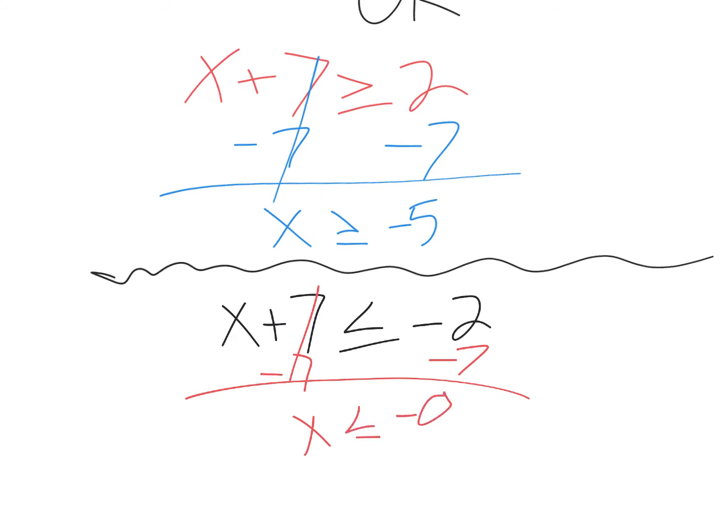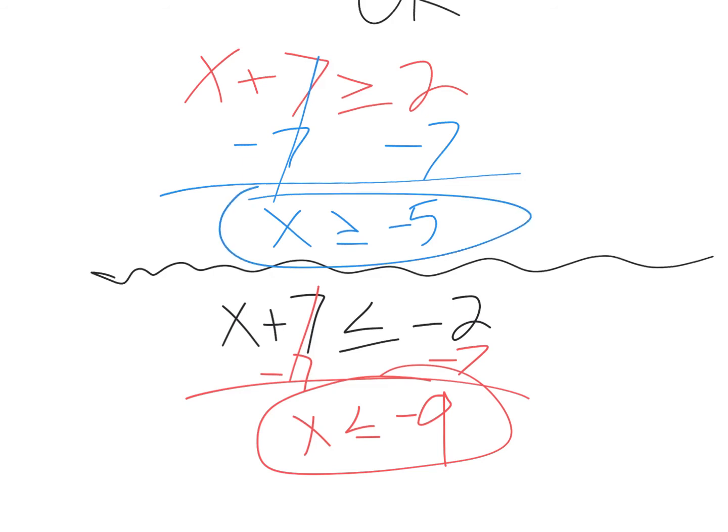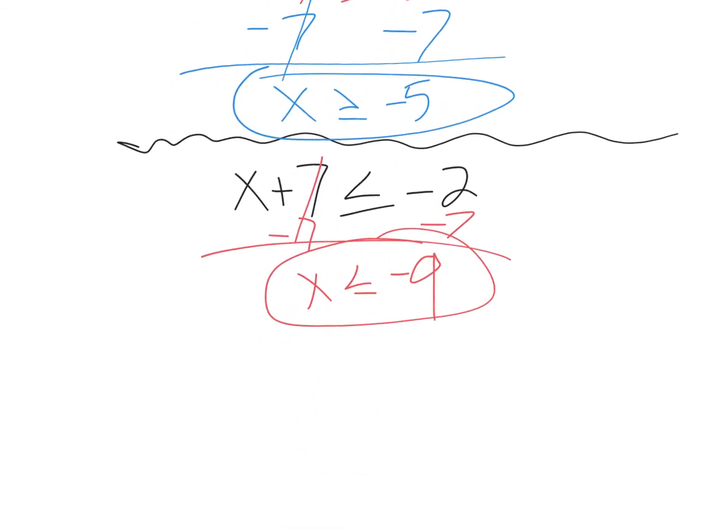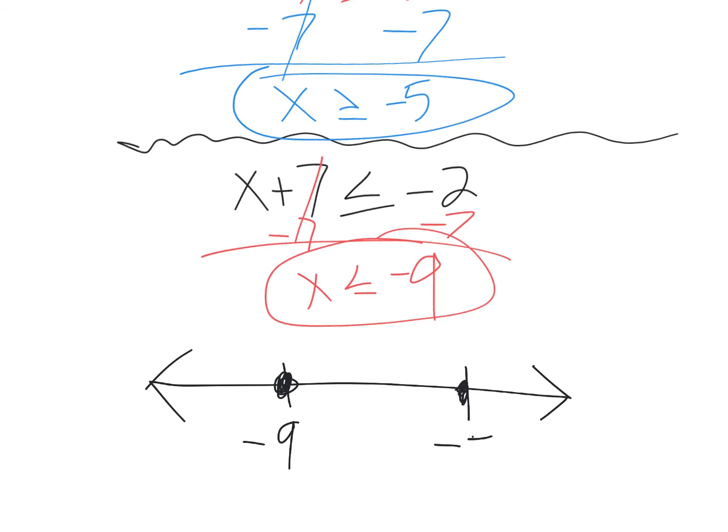So because this is an OR problem, you'll notice that when we graph this on a number line, our answers are going to go in separate directions. That's pretty common for OR problems, but it's not something that's always going to happen. All right. So here, if I were to draw a number line, -9 is smaller than -5.